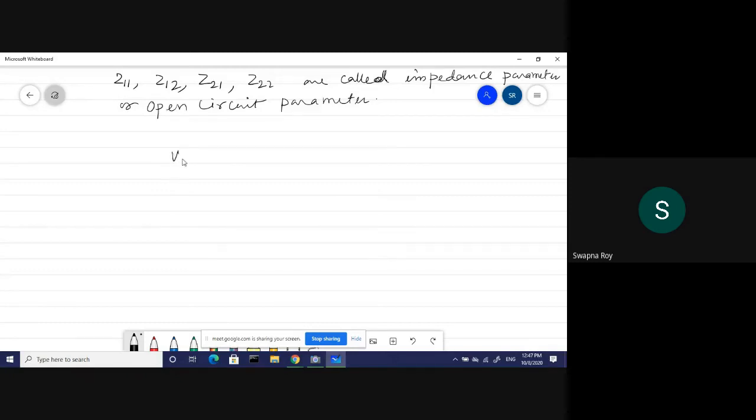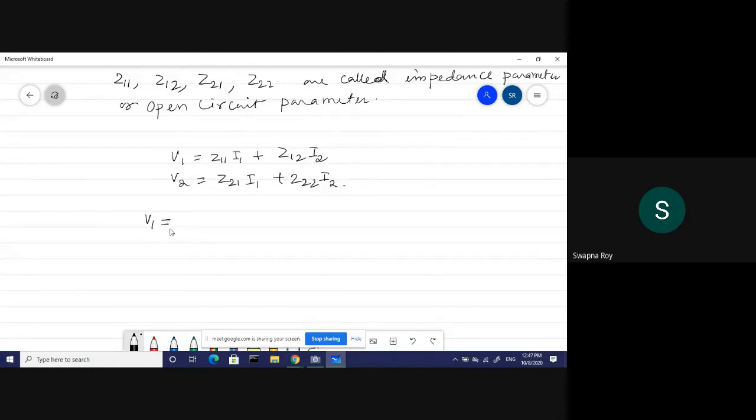First, the equations were V1 is equal to Z11 I1 plus Z12 I2, and V2 is equal to Z21 I1 plus Z22 I2. I'm rewriting these equations.